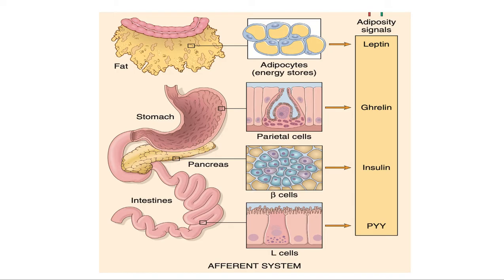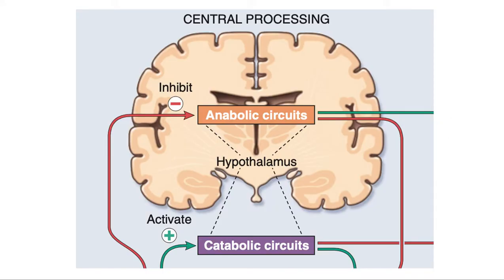The arcuate nucleus in the hypothalamus processes and integrates the peripheral signals and generates new signals that are transmitted by POMC, pro-opiomelanocortin, and CART, cocaine and amphetamine regulated transcript neurons, as well as NPY, neuropeptide Y, and AGRP, agouti-related peptide neurons.